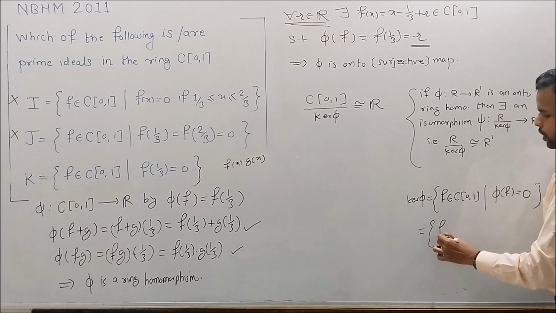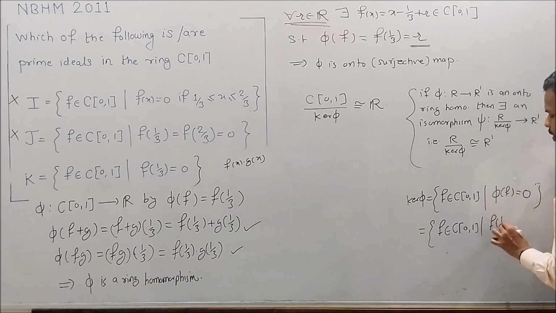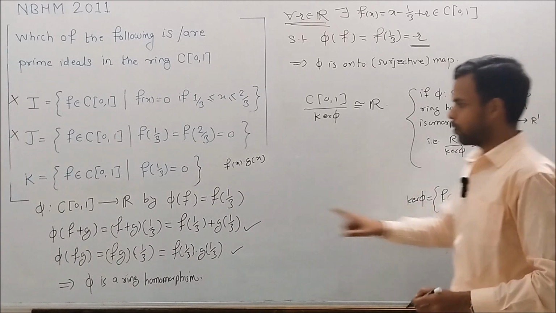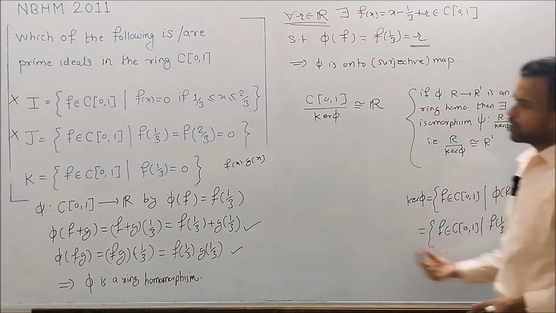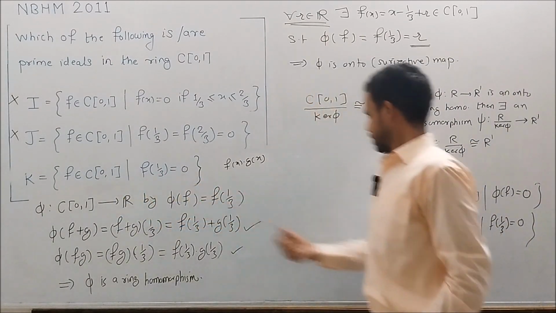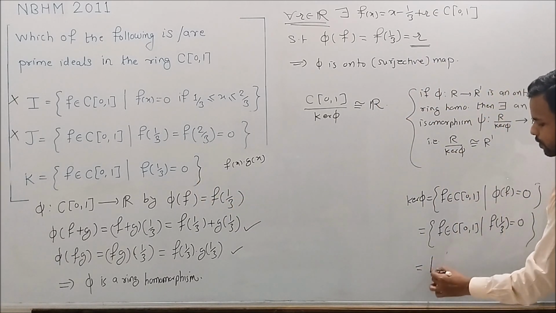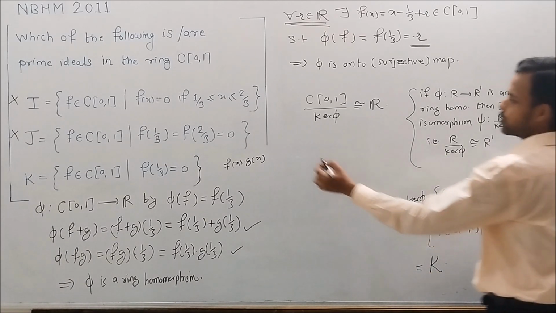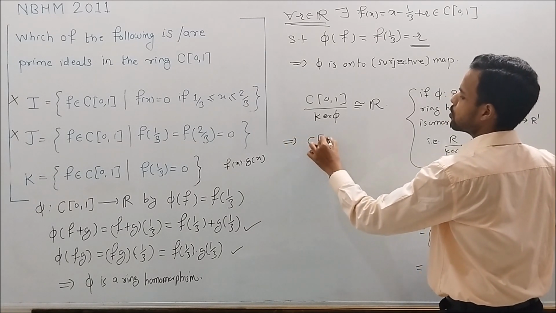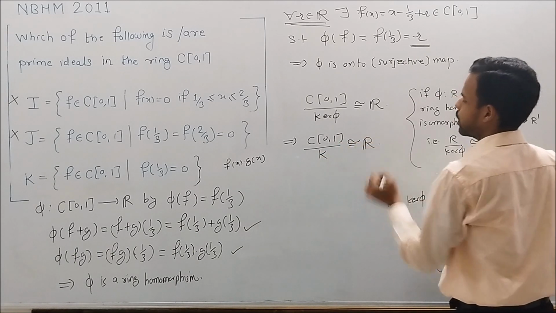So this is equal to the set of f belonging to C of the closed interval [0, 1] such that f of 1 by 3 equals 0, because the definition of phi of f is f of 1 by 3. Clearly this is nothing but the definition of the ideal K. So we see that the kernel of phi is equal to the ideal K. So this implies the factor ring is isomorphic to the ring of real numbers.